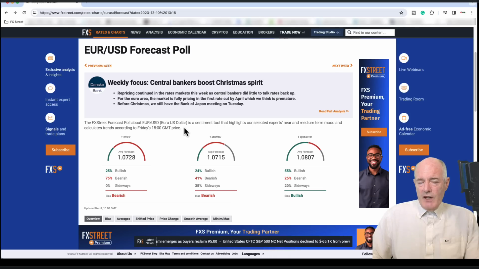If the Federal Reserve or any central bank wants to raise interest rates, that makes the currency more valuable. Therefore, the price of that currency will go up. If, like Jerome Powell said last week, they want to lower interest rates and stop raising interest rates, that makes the value of the currency lower. So you can see what happened. We're going to jump straight into the chart on euro dollar.